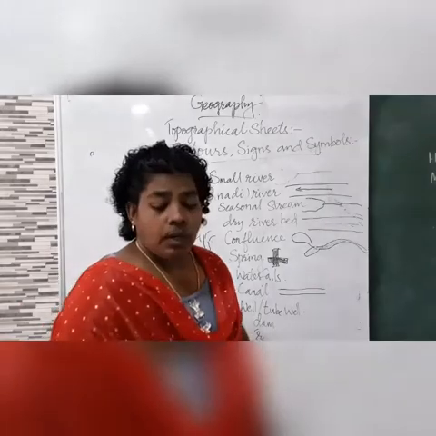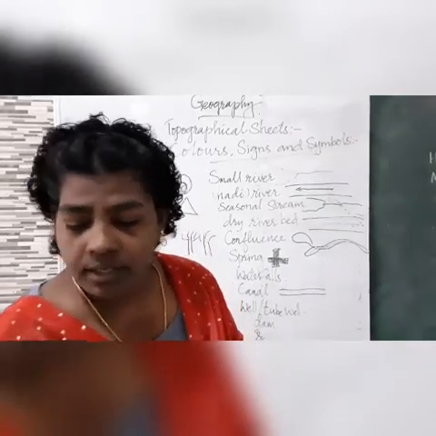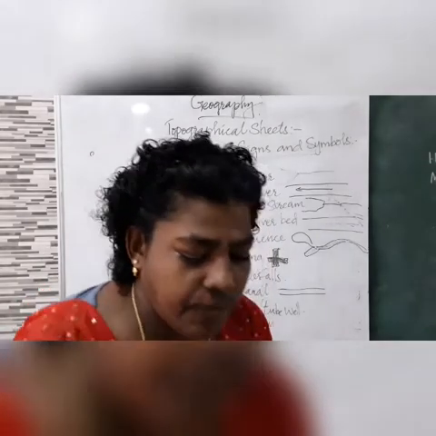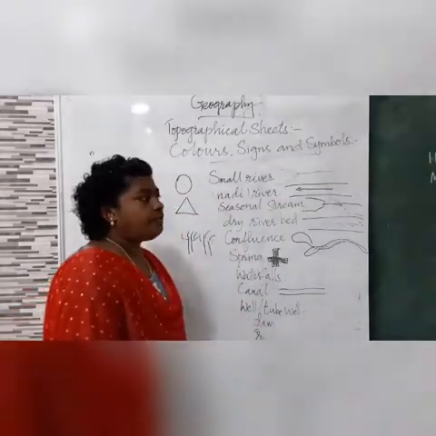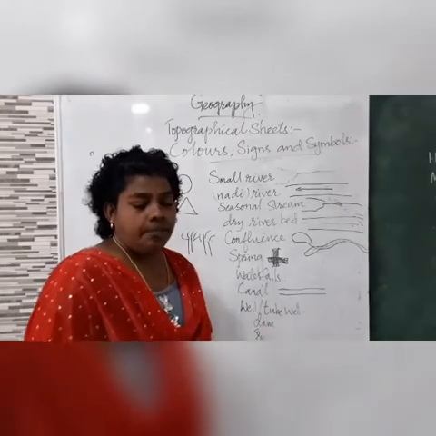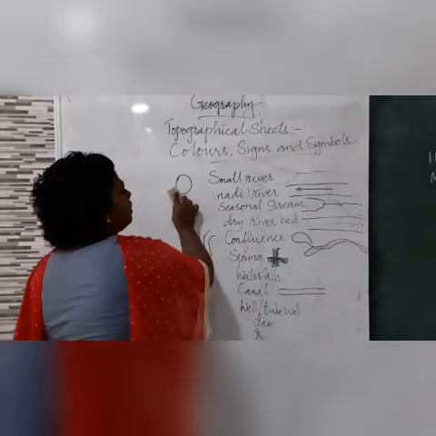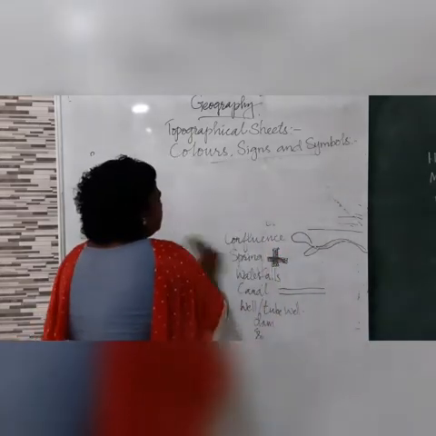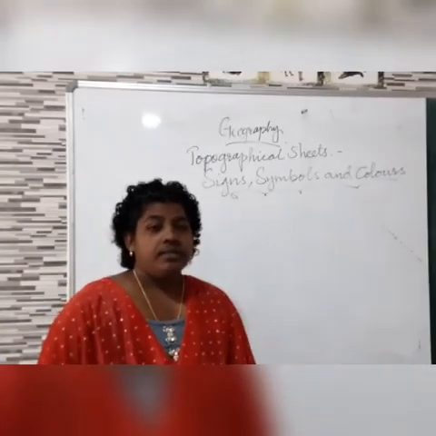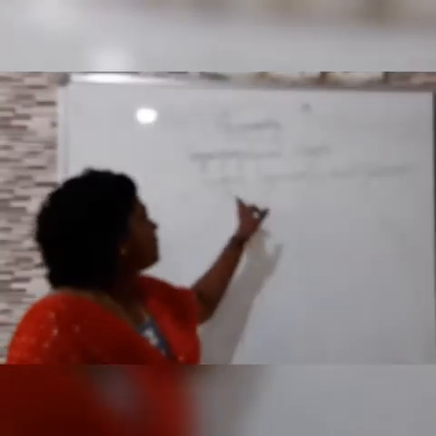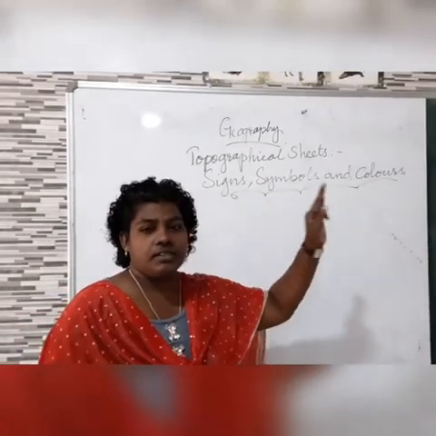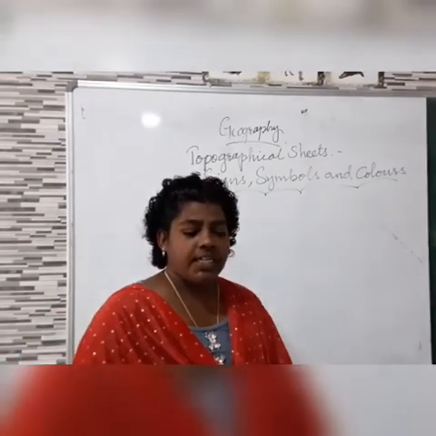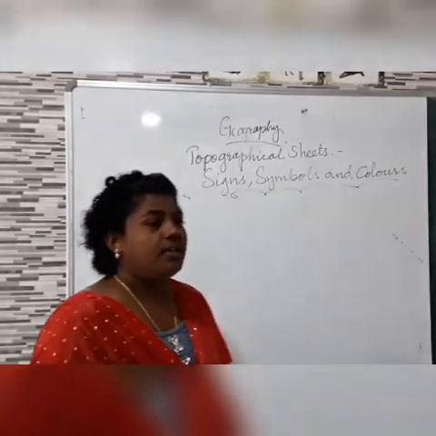Now you have learned about different signs and symbols. Now we will learn about other things, like settlements on the topographical sheet, and how settlements are denoted or indicated. Children, we are learning about signs, symbols and colors. The next thing is settlements on topographical sheets.